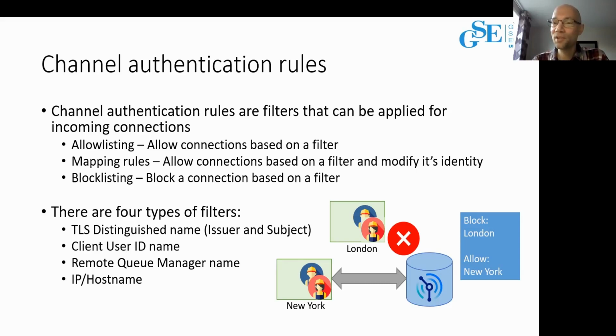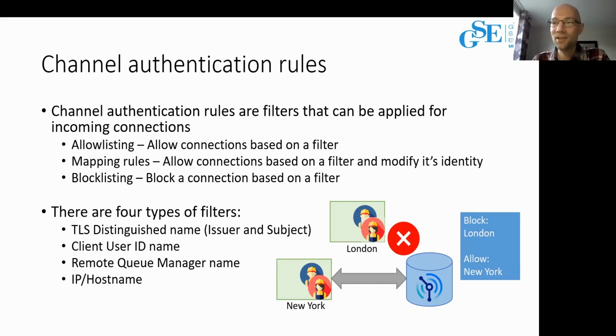So you can, for example, block connections from a certain IP address or a host name, or block connections from a certain remote queue manager name, block connections that are coming in with an administrator user ID, for example, or you can block or allow connections that come in where a TLS certificate has been sent based on the distinguished name of the certificate. So that's quite a powerful rule that links with what I was talking about on the other slides about when you have a TLS handshake and using that for authentication.